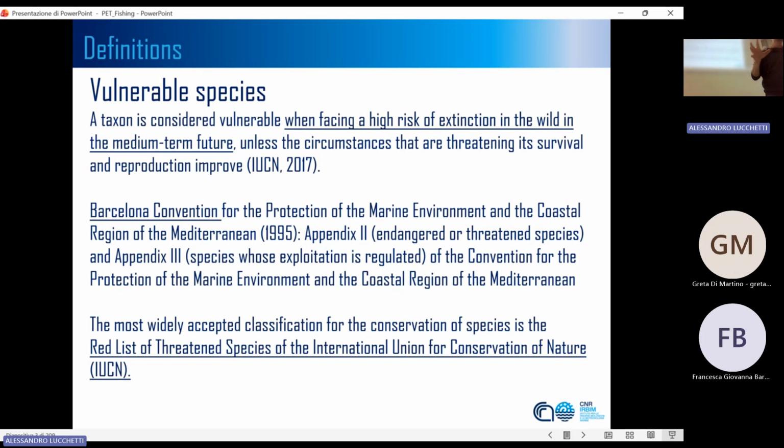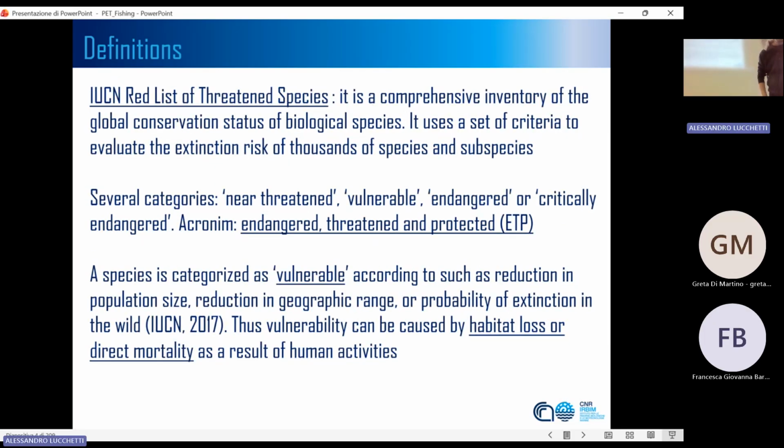To formalize this, there are several different conventions. The most famous one is the Barcelona Convention, but the other one is the IUCN. Here you can find the red list that categorizes the level of protection of each species: endangered, critically endangered, vulnerable, etc. Some species can be vulnerable just because they live in a poor habitat.